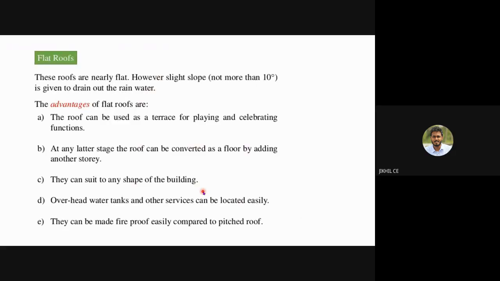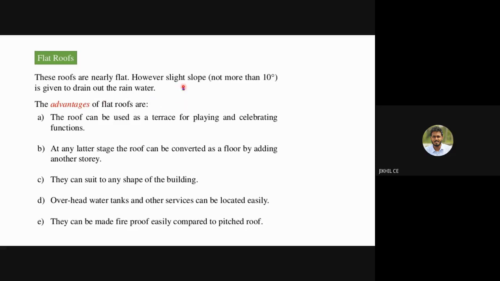So we learned about the pitched roof, like the single sloped roof, then the trusses, then the shell roof, and the last one is the flat roof. A flat roof is just a flat roof, which you can see on a single story building.